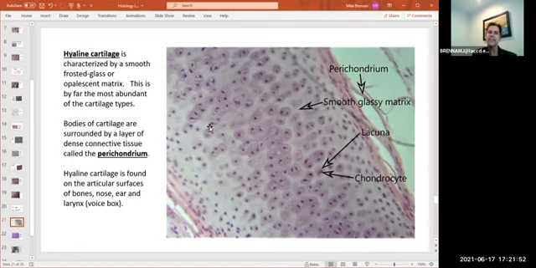So this hyaline cartilage, anytime you see cartilage, it's going to be surrounded by a layer of dense irregular connective tissue, and that's going to be called the perichondrium. And then on the other side of that perichondrium, you'll have other tissue types. This white space here is not a lumen.